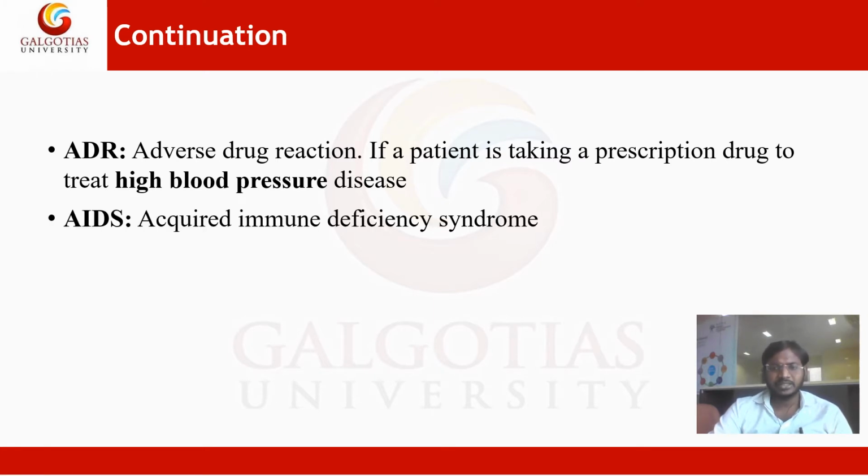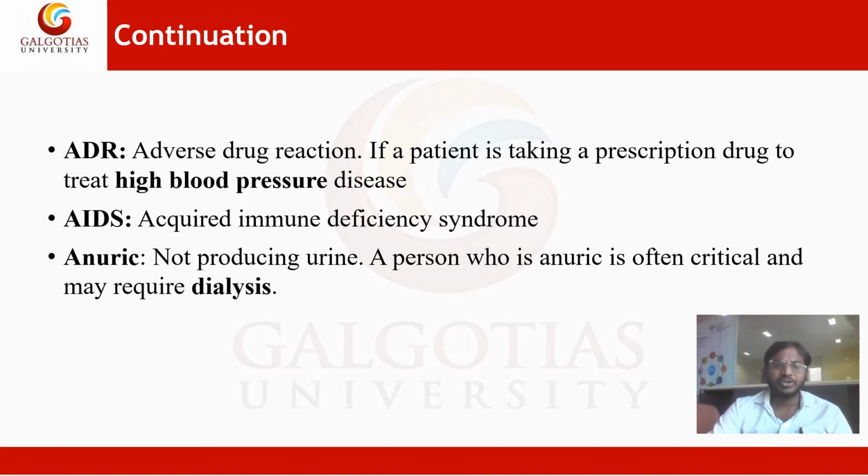AIDS, I think you know very well, acquired immunodeficiency syndrome. The complete word is acquired immunodeficiency syndrome, and the short form is AIDS. Doctors also follow the same abbreviation. Next one, anuric. Anuric means not producing urine.